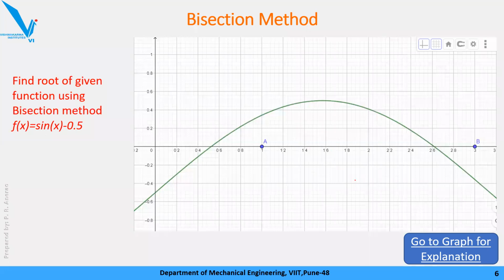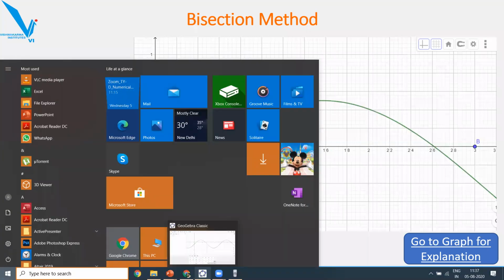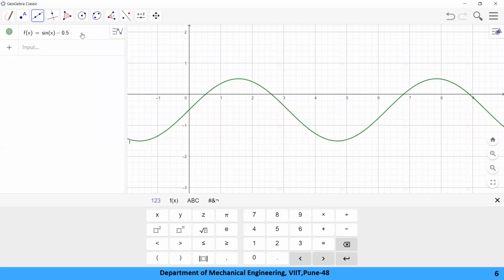I'll get out of this presentation mode. For understanding this bisection method, I'll take one example. Okay, so I have taken an example of a function. There is one function f of x. I hope I am visible to you. Graphical software is present in front of you.